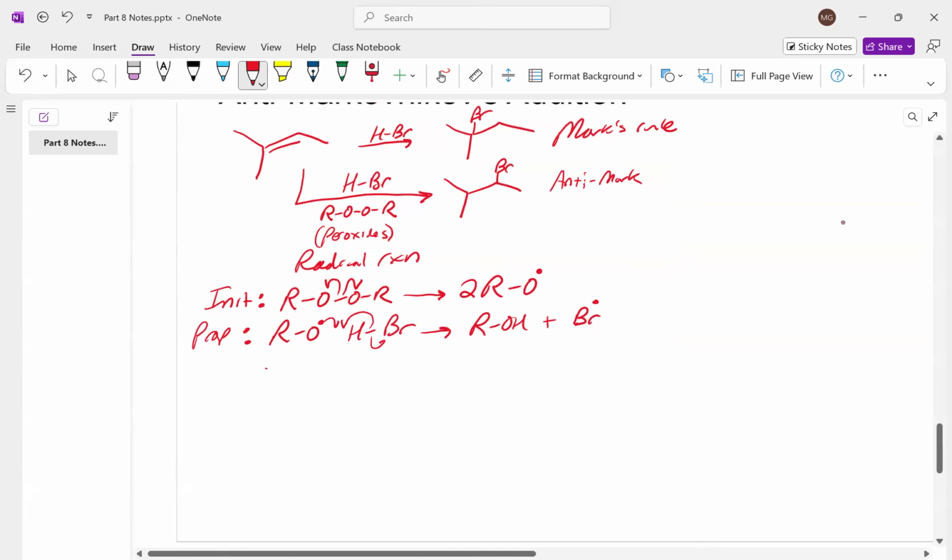And then we're going to take that bromine radical and react it with the alkene. So we'll use the pi electrons here to form that bond.